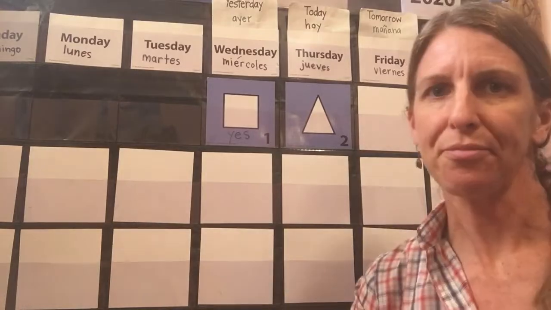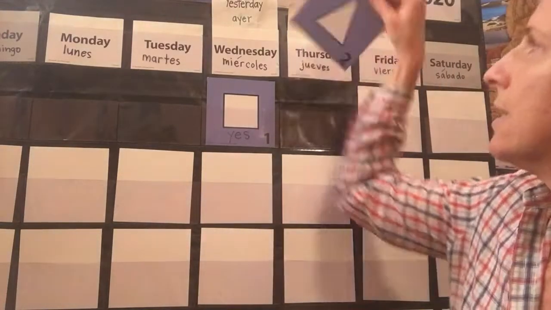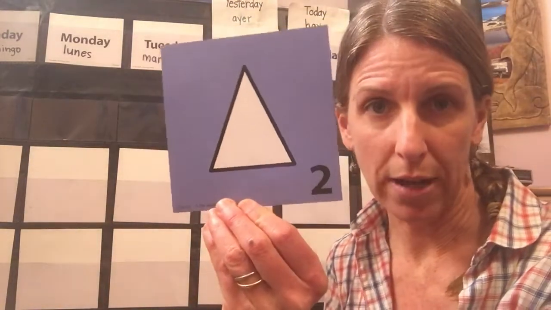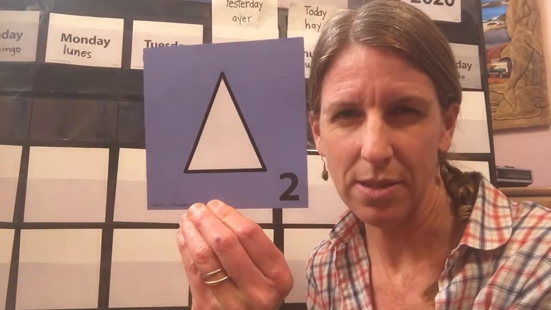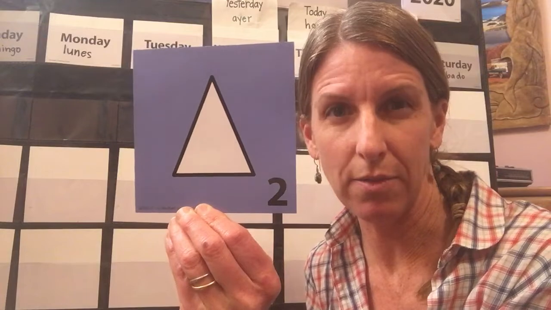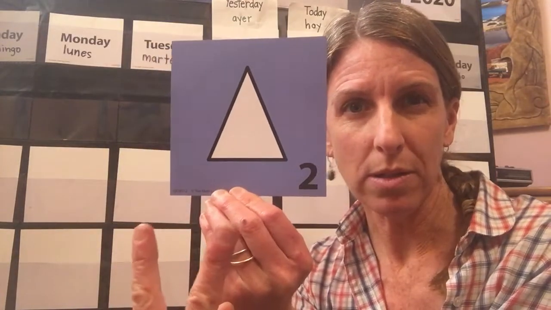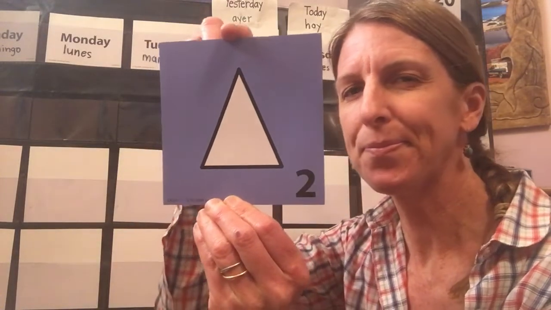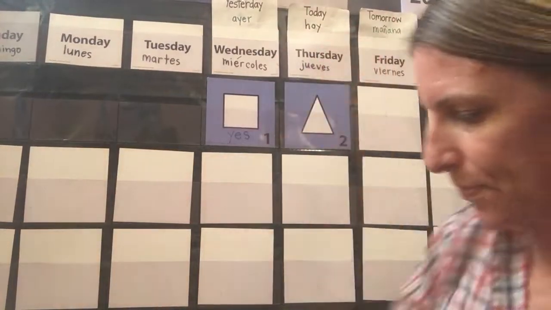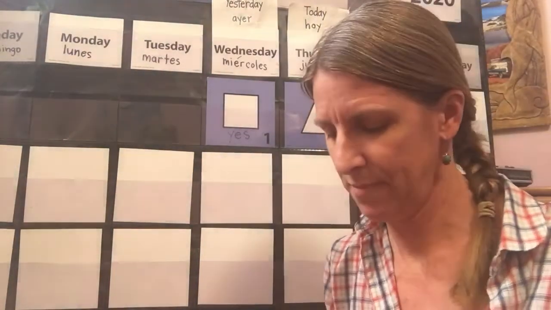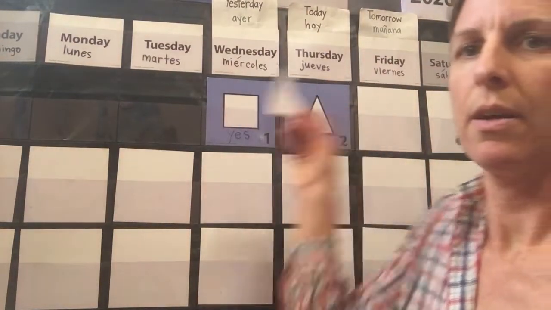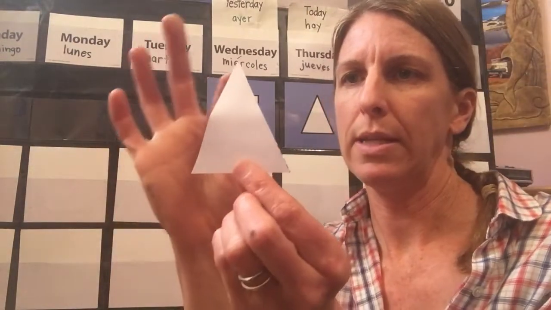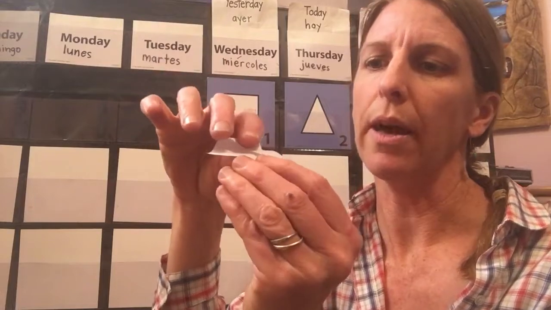So is a triangle that looks like this symmetrical? Think to yourself, could you fold it in half and have two equal parts? What do you think, first graders? Let's try it. So here's that triangle. Could I take it and fold it in half?